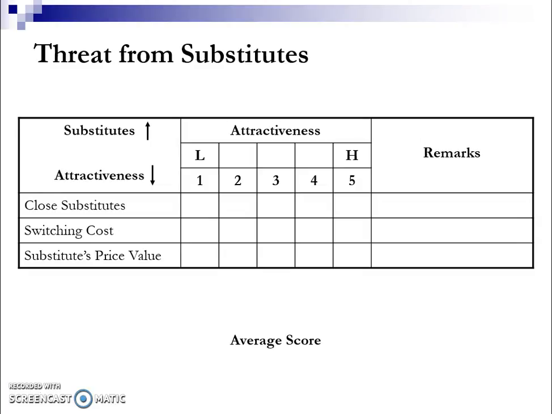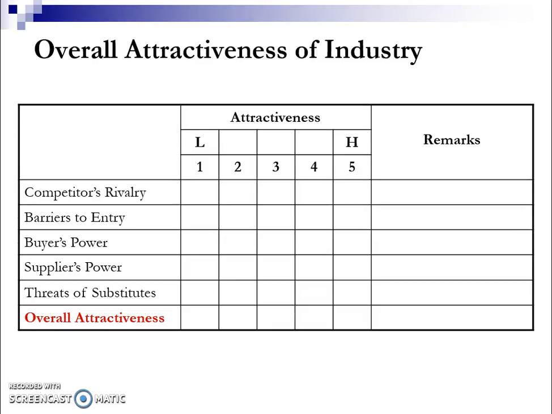So whether there are close substitutes available, what the switching cost is, what the cost of the product offering and the substitute is, and what the price value or value derived from the substitute is. These five aspects are taken into consideration to determine the overall attractiveness of an industry. So that completes the external environment, including the industry environment, the remote environment, and the micro or operating environment.